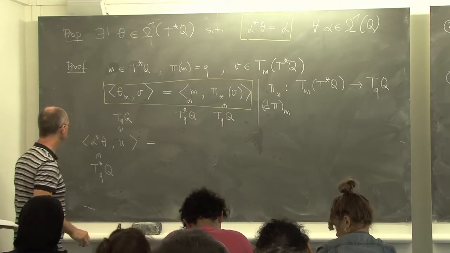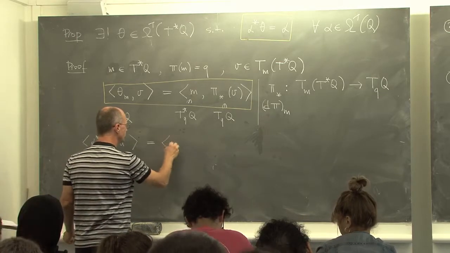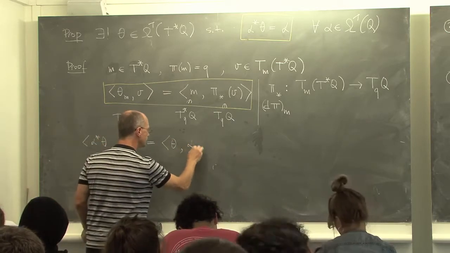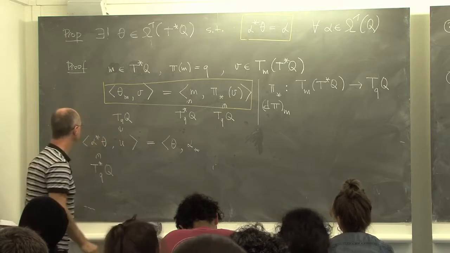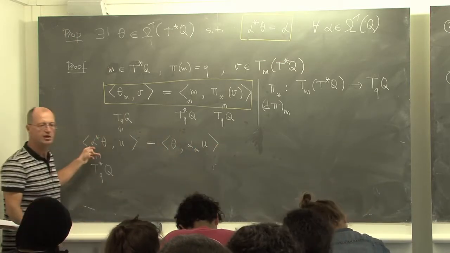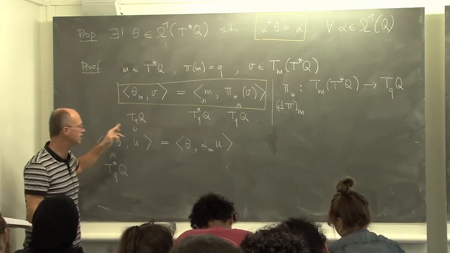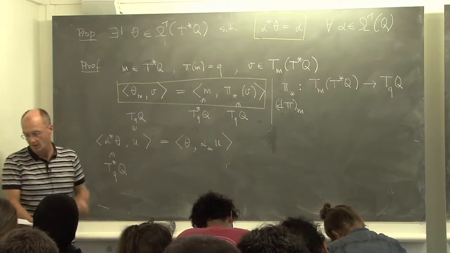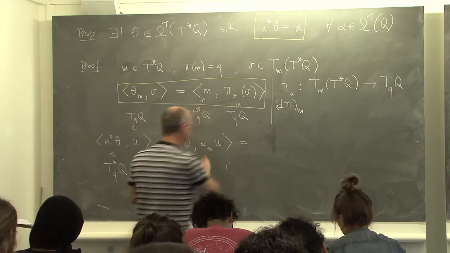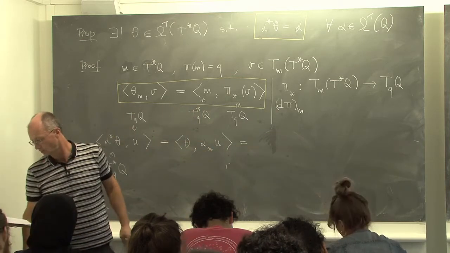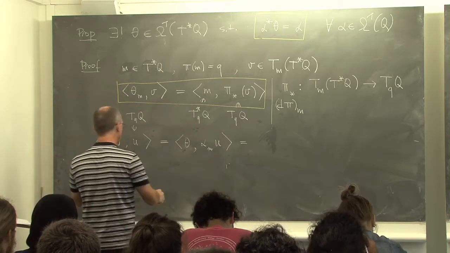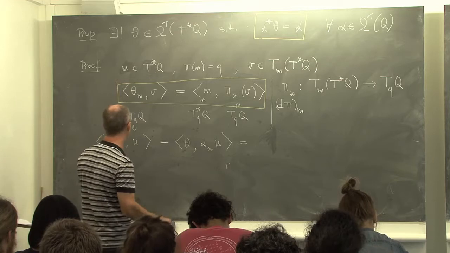So this is equal to what? This is equal to theta, and here the push forward for vector fields, right? I can take alpha from one side to the other side. And now I should compute it at the point M.